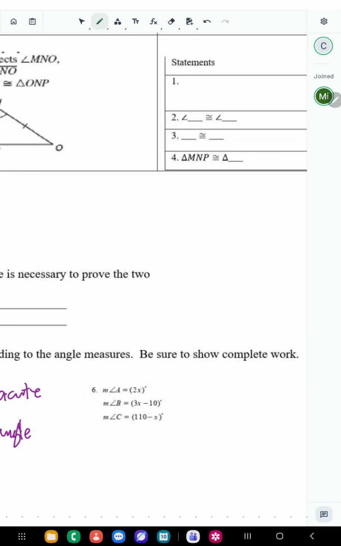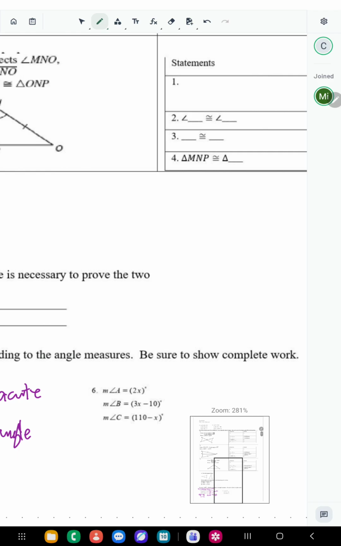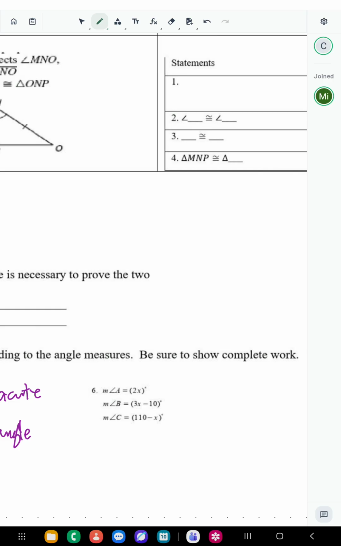Then for number 6, no questions. Okay, number 6, let's solve for x.